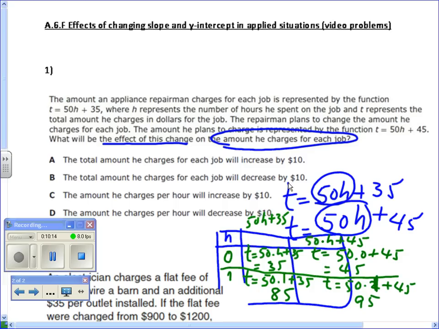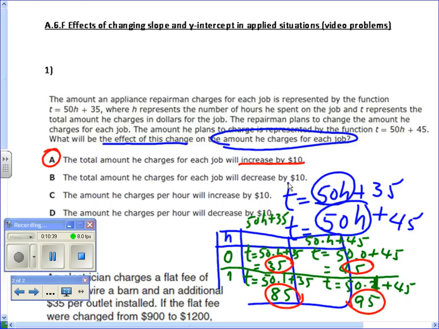So you can see quickly that the total amount he charged keeps changing from 35 to 45. That's an increase of $10. And it also goes from 85 to 95, which is again an increase of $10. This tells us that the total amount that he charged for each job increased by 10.